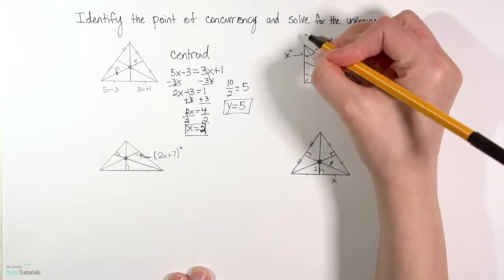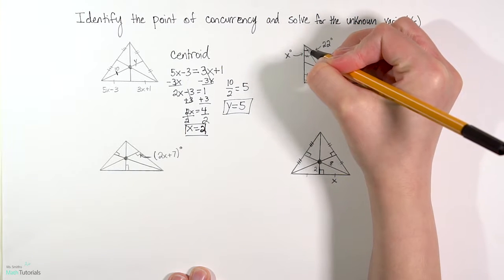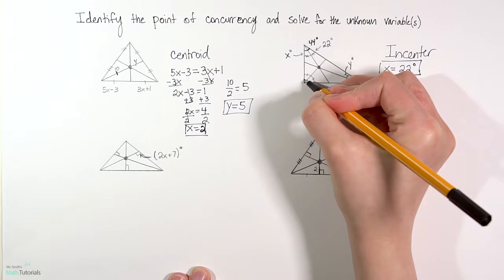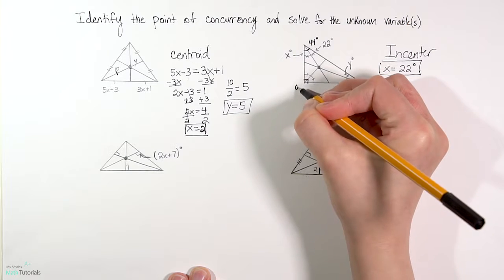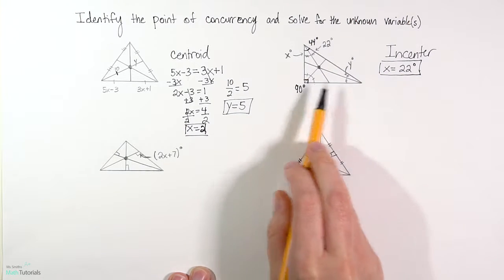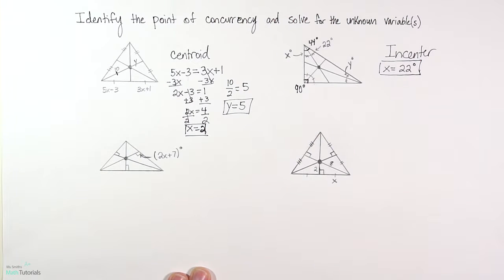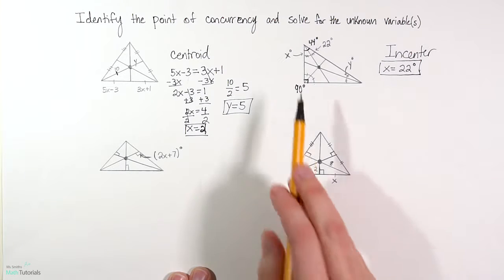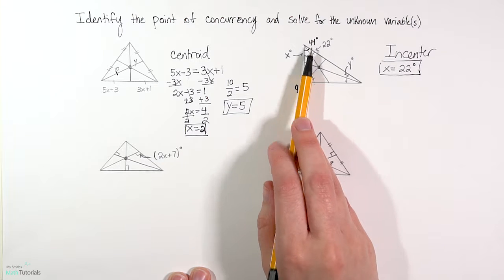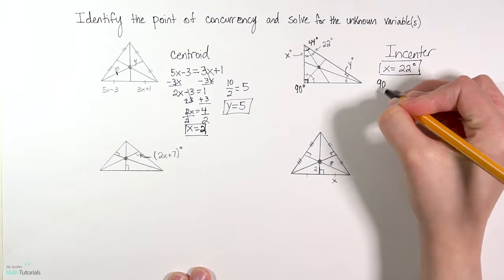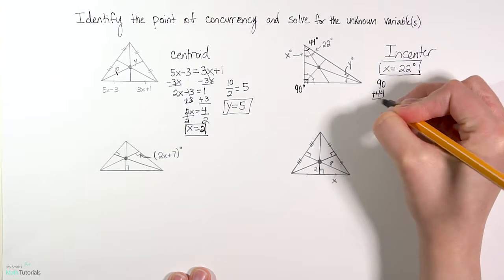Okay, so if this angle is 44 degrees, right? And this angle is 90 degrees. How could I figure out what that total angle is? Well, what do all triangles, what do their angles add up to? And hopefully you're thinking 180 degrees. Let's think. I've got 44 and 90. So let's add those together. What is 90 plus 44, right?